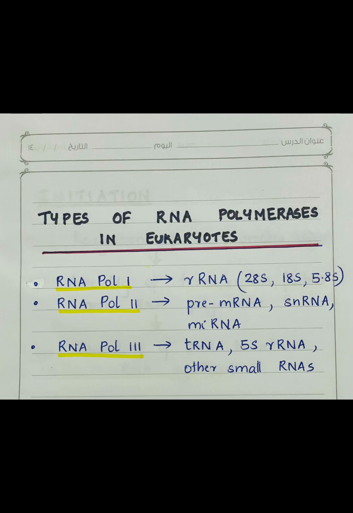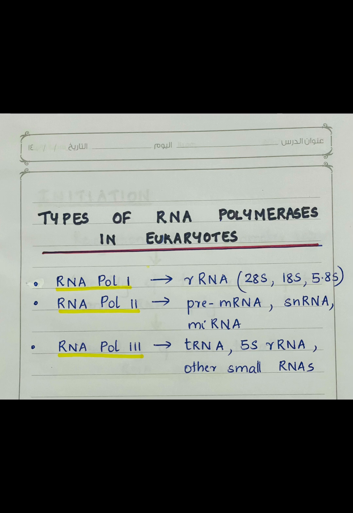In eukaryotes, there are three main types of RNA polymerases, each responsible for transcribing different types of genes. RNA polymerase 1, which is located in the nucleolus, transcribes ribosomal RNAs, specifically 28S, 18S and 5.8S rRNAs.